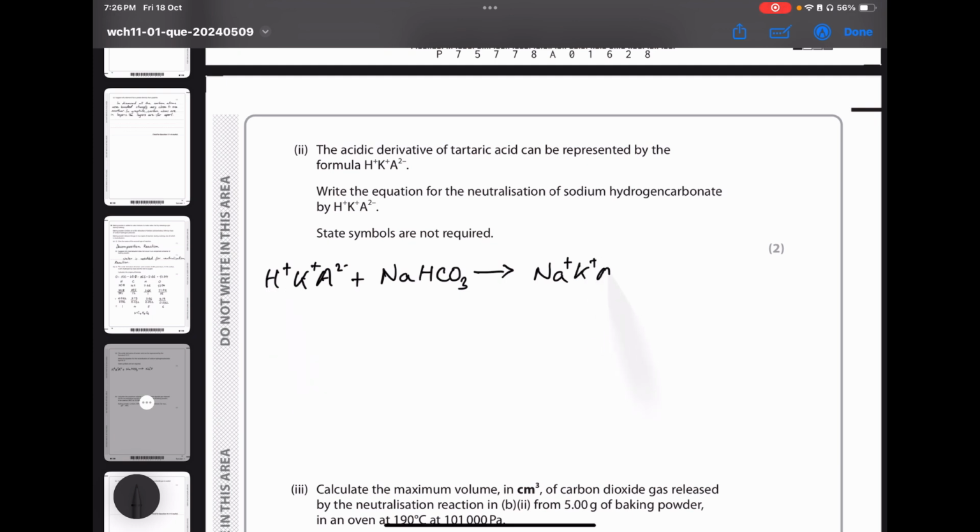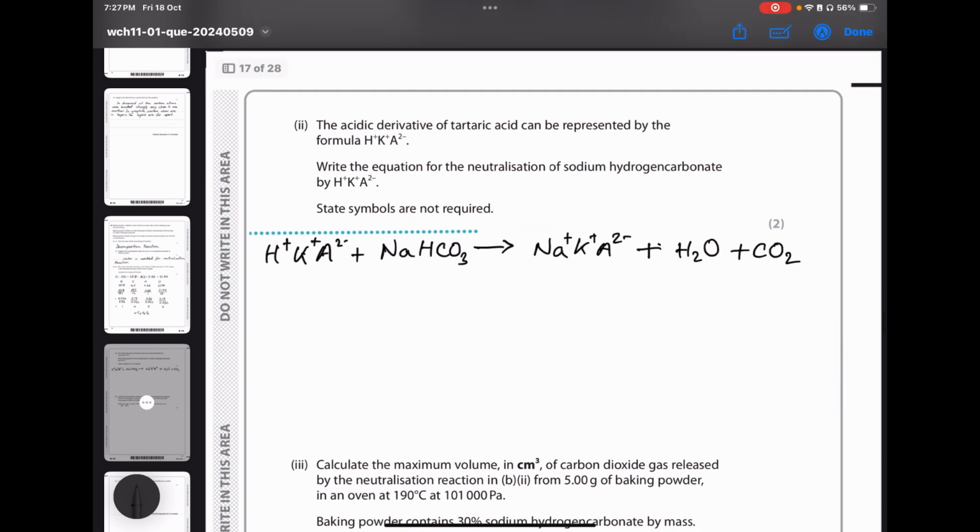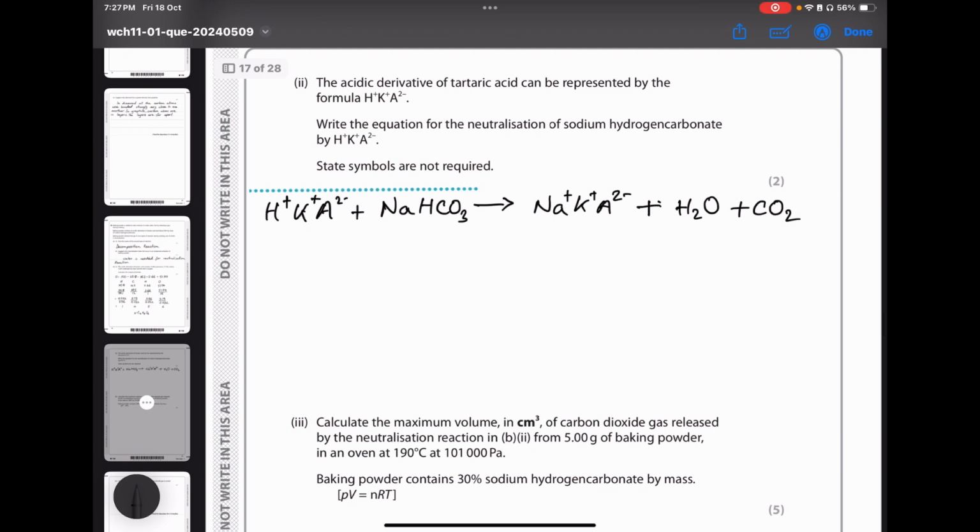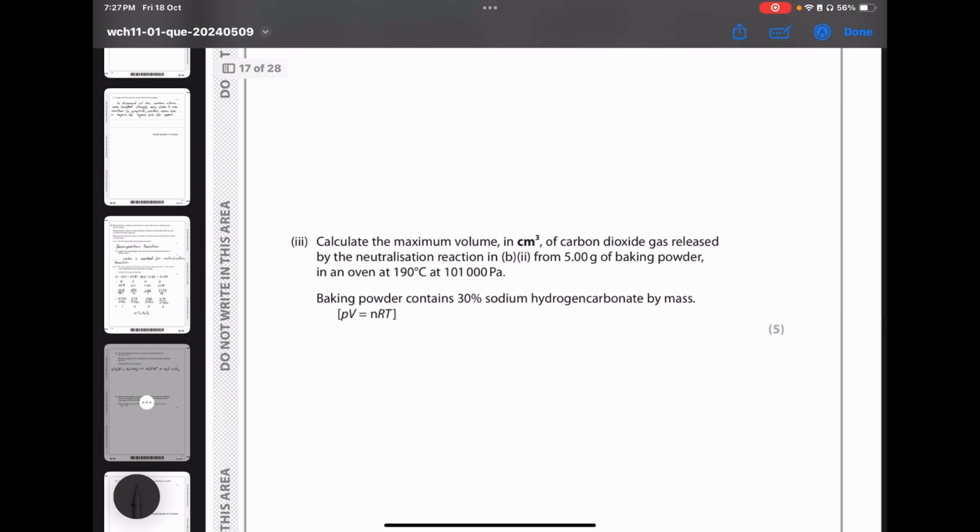So K plus A2 minus plus H2 is going to come over here. So we are going to get H2O along with carbon dioxide, CO2. So this is the equation for the neutralization.